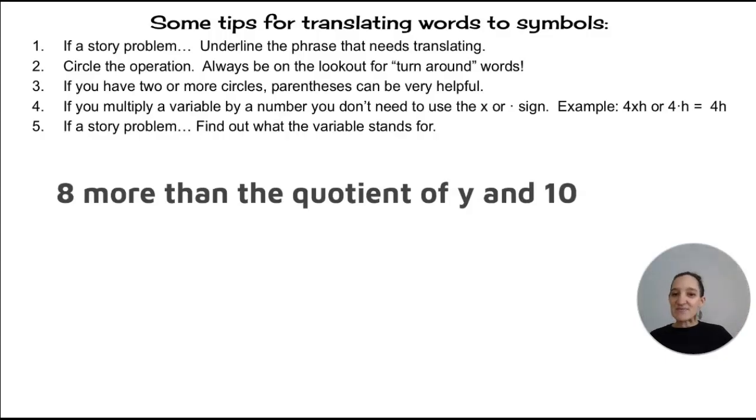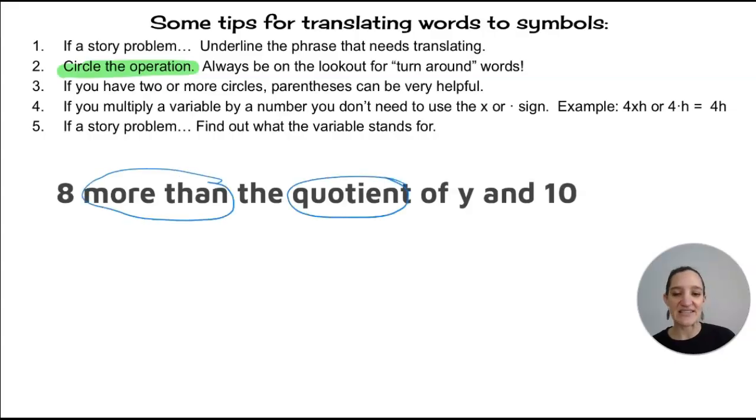So I have some tips that help me translate words into math expressions. This first sentence says 8 more than the quotient of y and 10. One of the first things I want us to do is circle those operation words that we have in those boxes. In this one, we have more than, which is a word for add, and quotient, which is a word for divide.